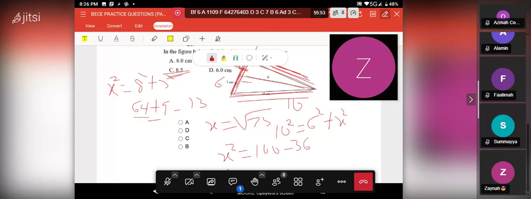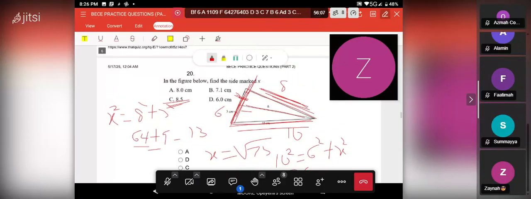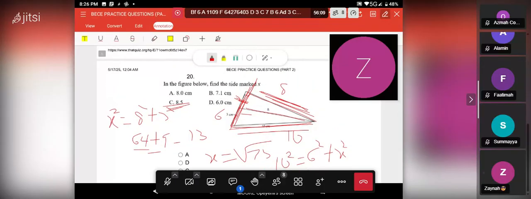So x square is equal to 100 minus 36, which is 64. Take the square root: x is equal to 8, because the square root of 64 is 8. Do you understand how we got the 8 now? Yes, sir. Thank you for your question.